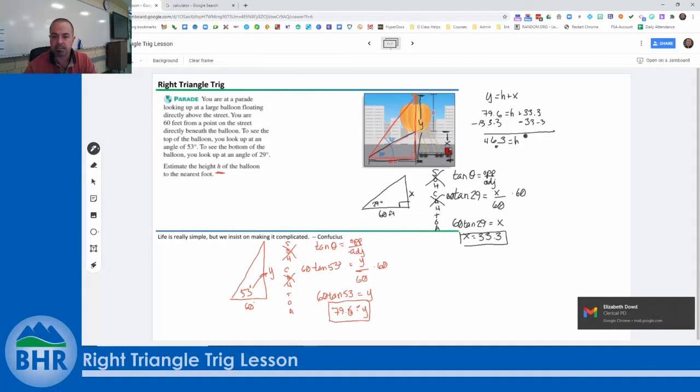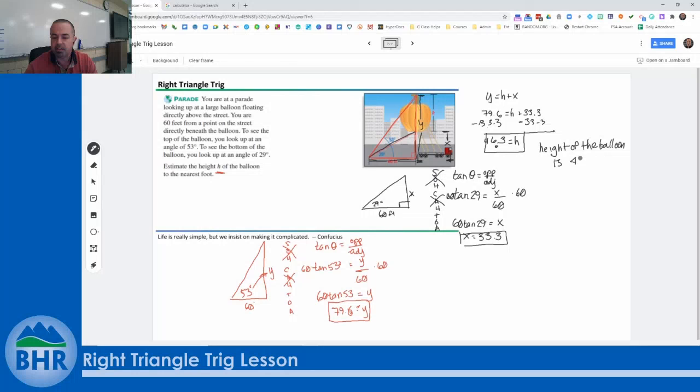And that is equal to h. So the height of the balloon is 46.3 feet.